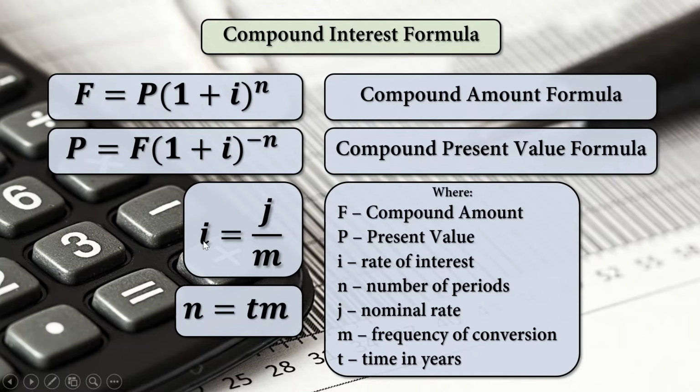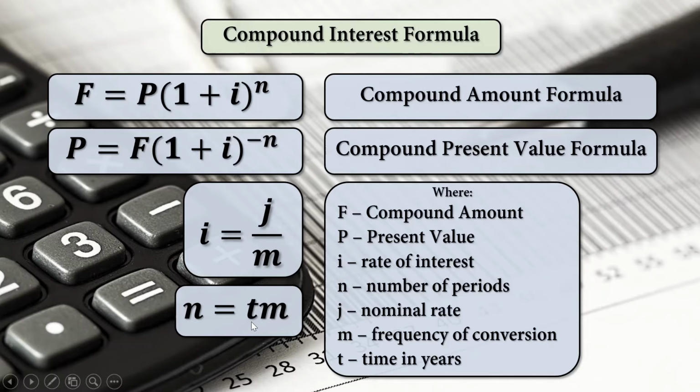Okay, so i is equal to j over m. j is our nominal rate, that is our rate per year. Okay, then m is the frequency of conversion. So mamaya ipapakita ko sa inyo yung mga values ng m as stated in different problems. The t is our time in years.